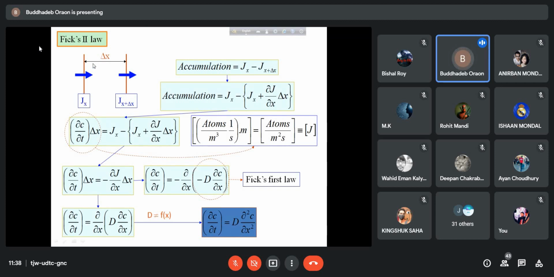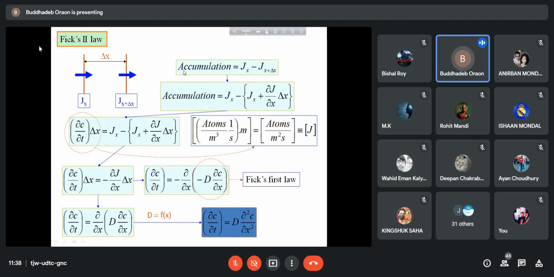We are considering a distance delta x. At the beginning we consider the flux as Jx, and at a distance delta x the flux will be J at x plus delta x.